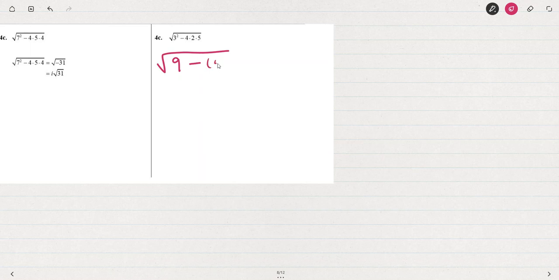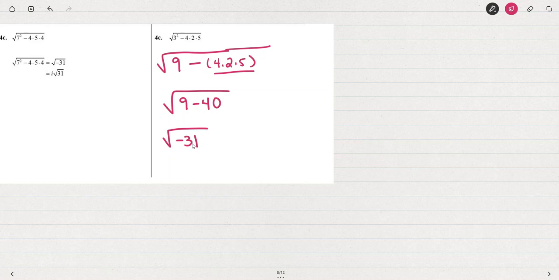So I've got to think of this 4 times 2 times 5 as being grouped together before I subtract, right? So be careful of that. I'm going to do that mentally, because 2 times 5 is 10, and 10 times 4 is 40. So I'd have the square root of 9 minus 40. If I do 9 minus 40, I'd get negative 31. Square root of negative 31.